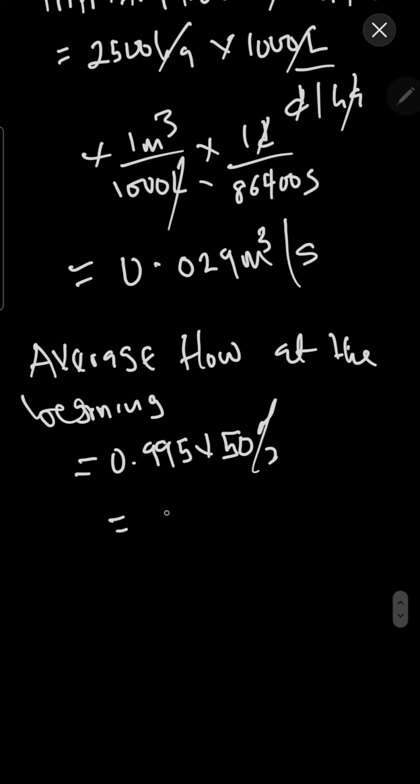This is going to give us 0.498 cubic meters per second. So that is the average flow at the beginning.